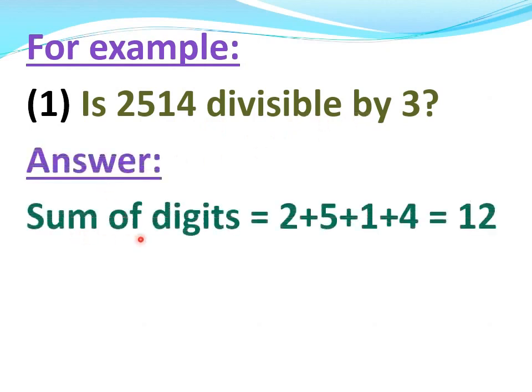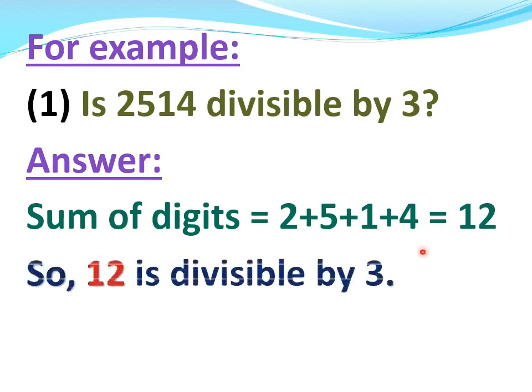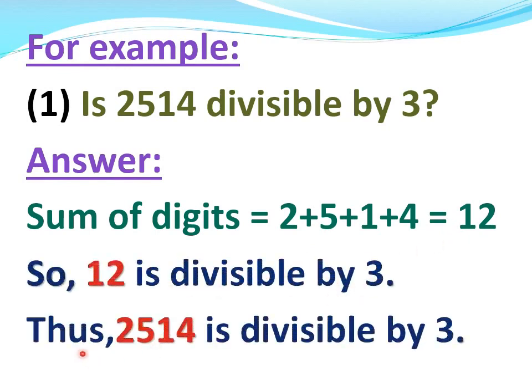Answer: sum of digits equal 2 plus 5 plus 1 plus 4. 2 plus 5 is 7, plus 1 is 8, plus 4 is 12. So 12 is divisible by 3. Thus 2514 is divisible by 3.